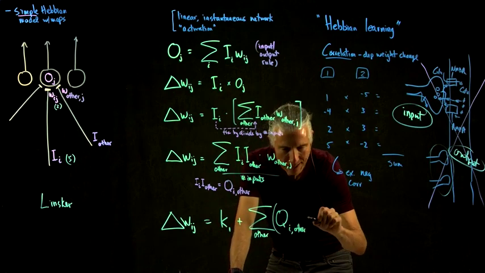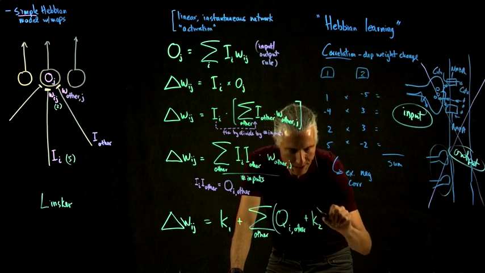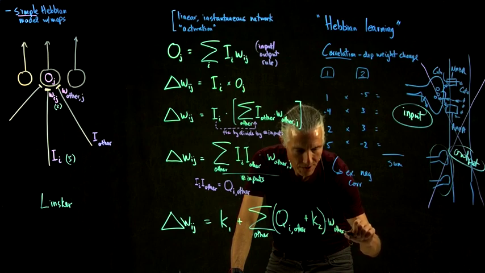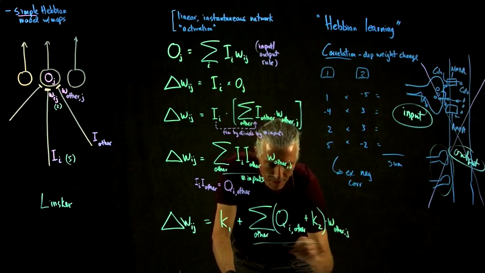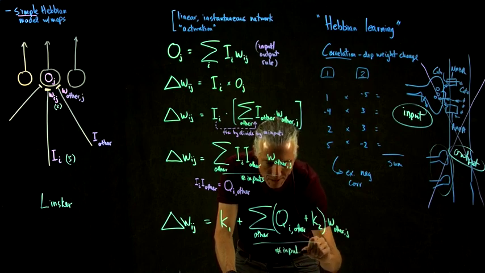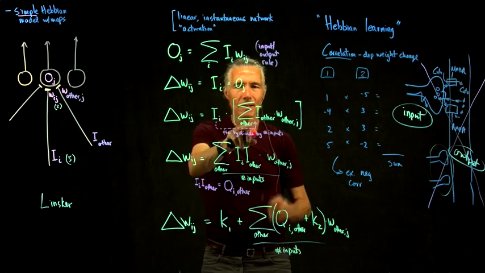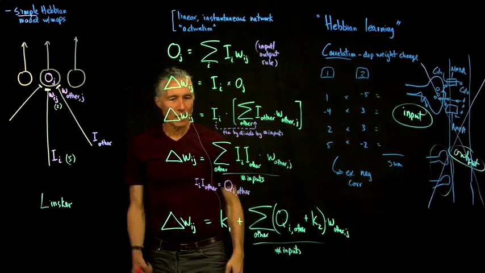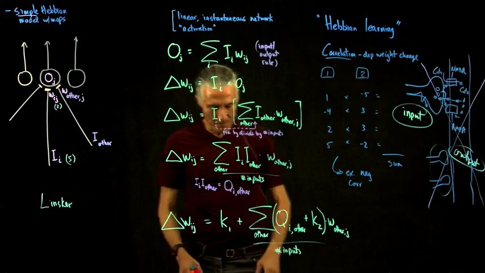But then there's another constant in here, which we need for being able to adjust things. And then that whole thing times the weight from other to j, and then divided by the number of inputs. That was just because we stuck this I inside here. Okay, so that's our final equation.